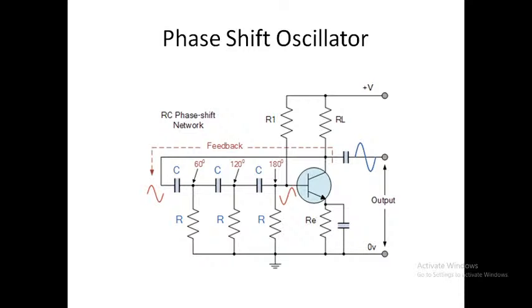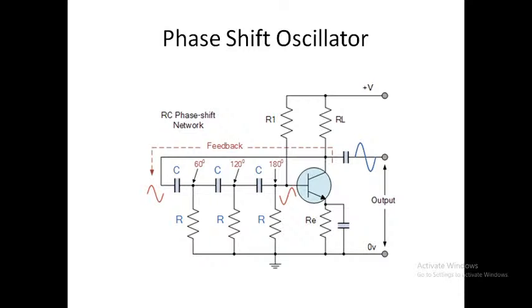This single stage common emitter amplifier will also provide an additional 180 degrees of phase shift, because it will convert the signal to the reversed phase. So 180 degree phase shift of the RC network and 180 degree phase shift of this amplifier. So the total phase shift you will get is 360 degrees.